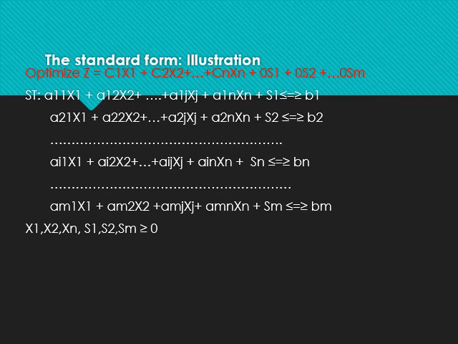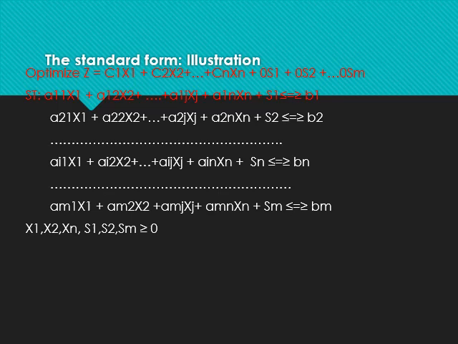So C1 is either the profit of 1 unit of x1, or in case of minimization, the cost of 1 unit of x1. C2 is the cost or profit of 1 unit of x2, up to Cn also is the profit of xn or the cost of 1 unit of xn.